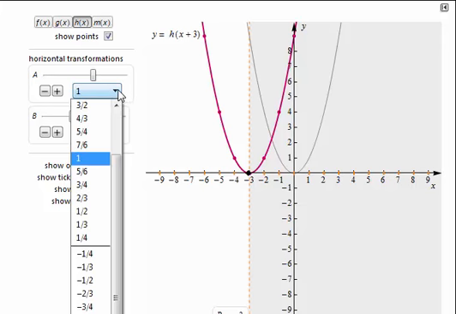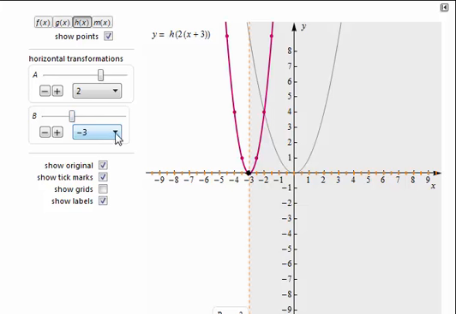Now if we do two at the same time, for example, change a to 2 and have b as -3, this would be the graph of (2x + 3) squared.